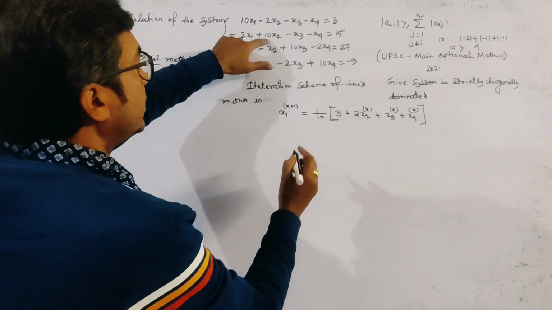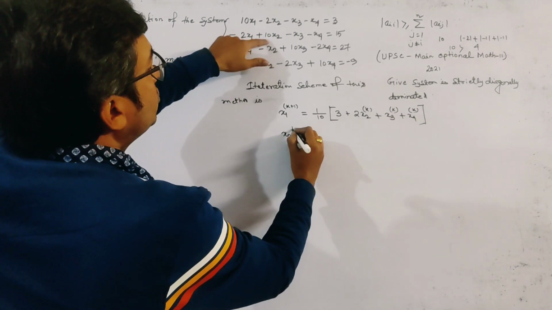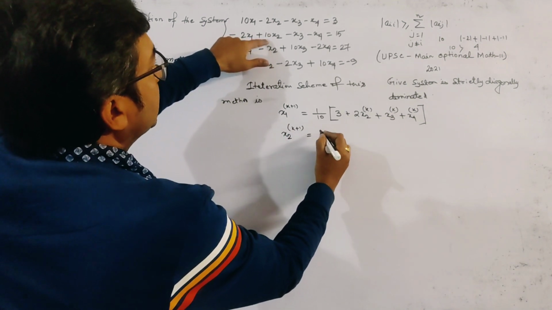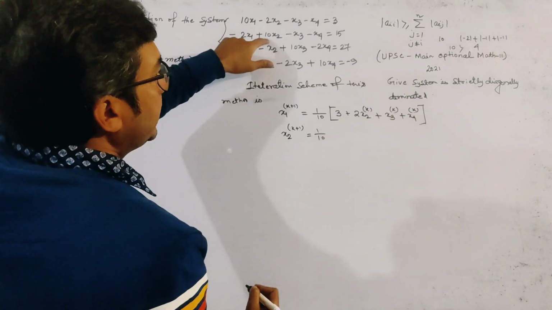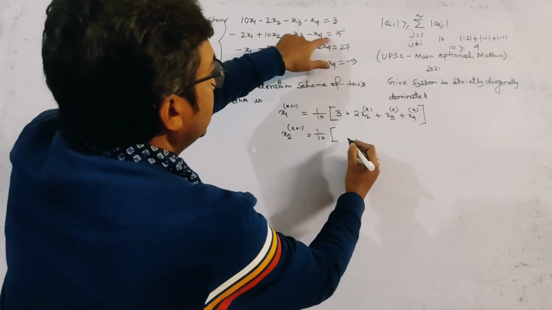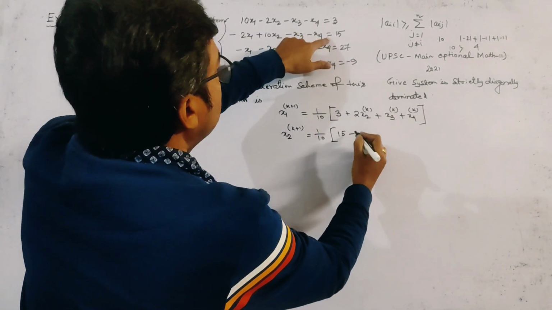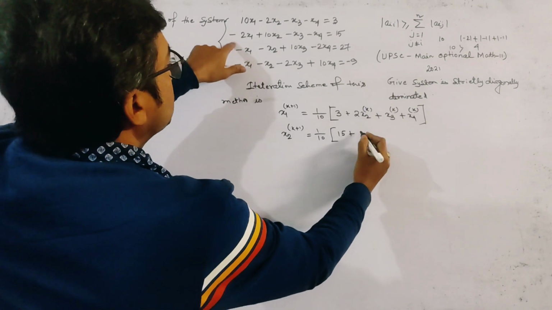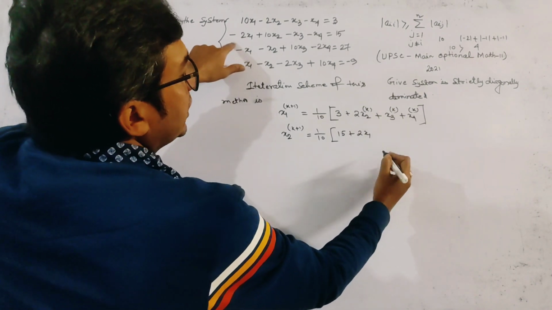From the second equation we get x2 (k+1) equal to also 1 by 10 into 15 plus 2 x1.